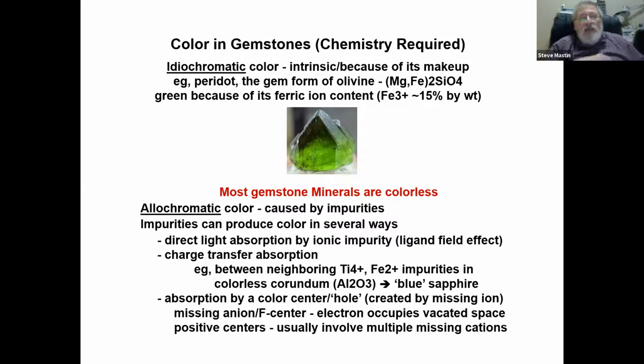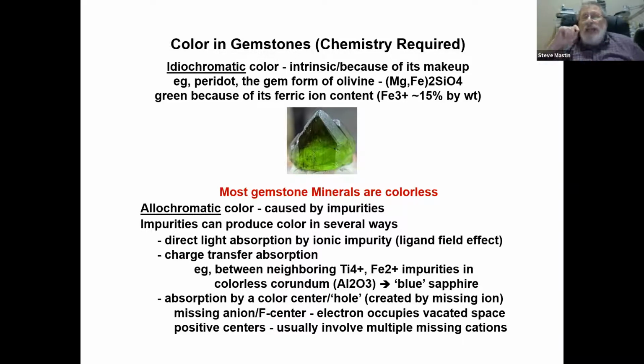And finally, you can have something very weird. You can have what's called a color center that absorbs light. And it's a hole that's created by a missing ion. So instead of being replaced by something in the crystal, there's just a missing ion. And usually it's an anion, and they're called F-centers.